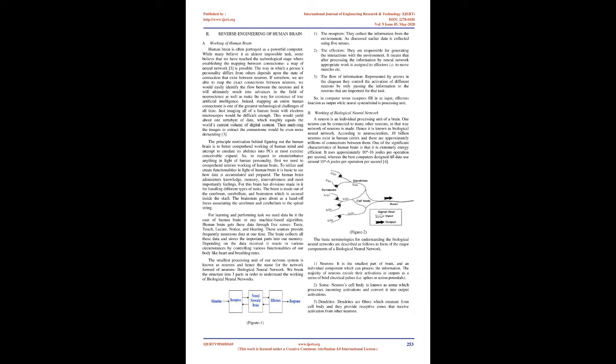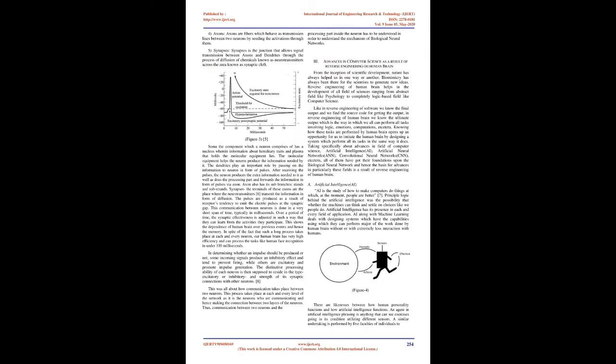It means that after processing the information by the neural network, appropriate work is assigned to effectors, i.e. to move muscles, etc. 3. The flow of information, represented by arrows in the diagram. They control the activation of different neurons by only passing the information to the neurons that are important for that task. So, in computer terms, receptors serve as input, effectors function as output, while the neural system or brain is the processing unit.